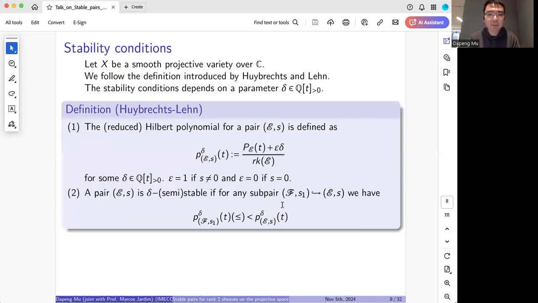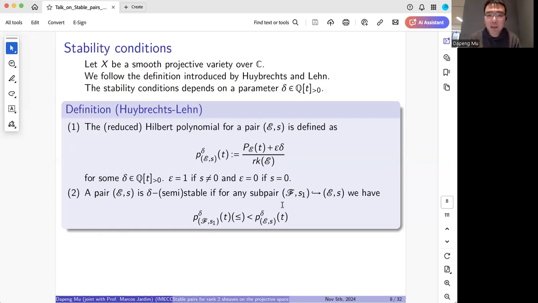Okay, so you will see the setting is very similar to the Gieseker stability of a sheaf. Firstly, we define the Hilbert polynomial, or reduced Hilbert polynomial, for a pair. This is defined as the usual Hilbert polynomial plus this extra delta, divided by the rank. You'll see there's a coefficient epsilon with delta.